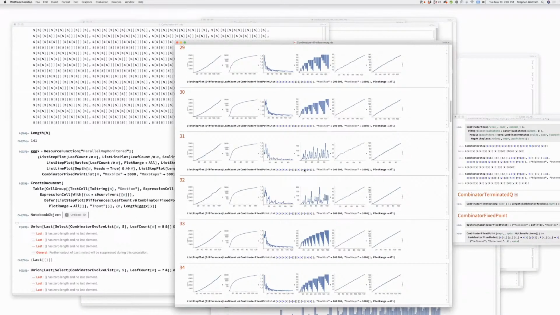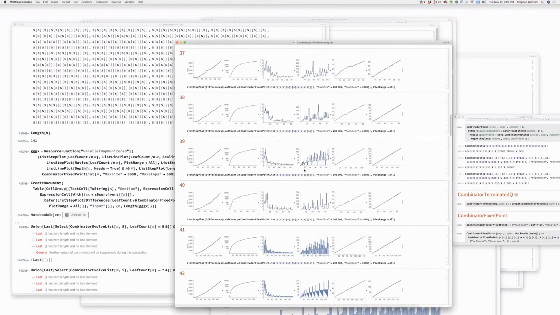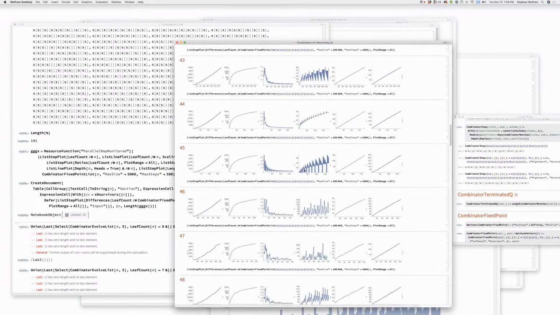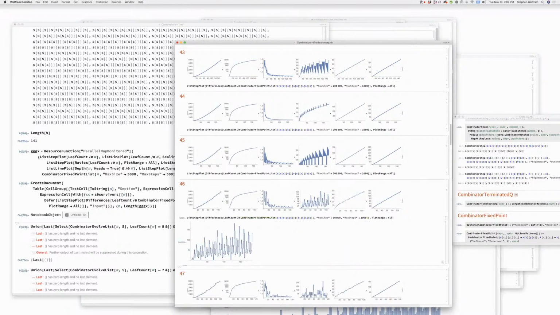Well, I think there are going to be some non-trivial ones here. That guy looks promising. Maybe that's going to get simple again.